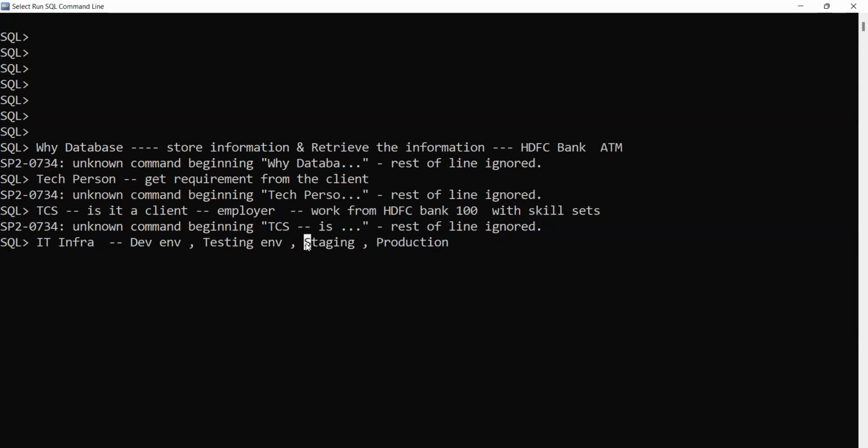Suppose something was not developed properly, it may come back from here to here, and again go through the same phases. So we always try to write code that does not involve rework. This is very costly. If you are able to write neat code firsthand, then you are a good developer. And that is what we are going to learn here.